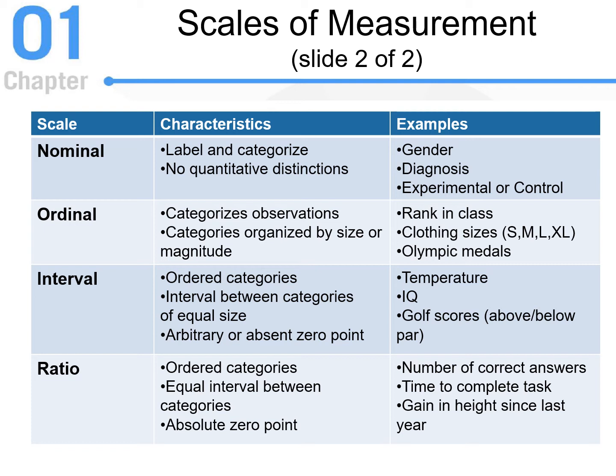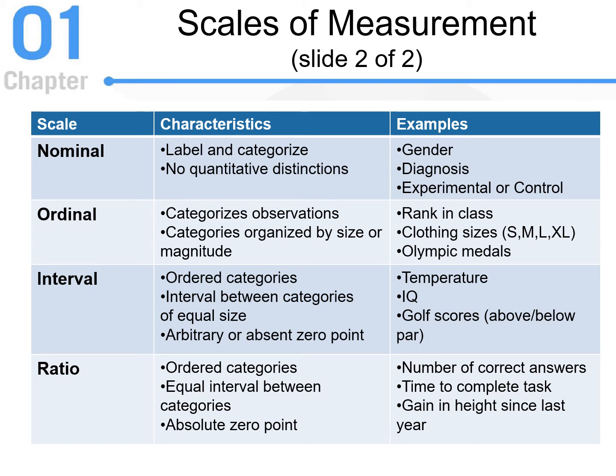Interval is an ordered category. So these are continuous variables that have equal distance between points on the scale, and they have an arbitrary 0 point. A lot of psychological variables tend to be interval scaled, especially if you're measuring it with a scale like a depression scale.